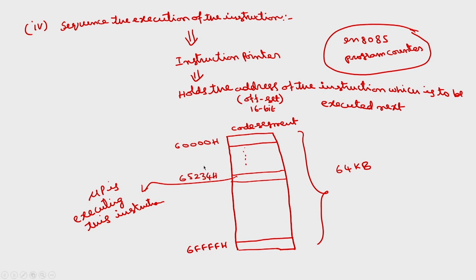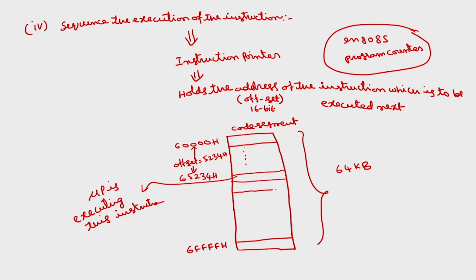Then from here to here, what is the offset? The offset is the difference, 5234H. So, what is the address of the next instruction?